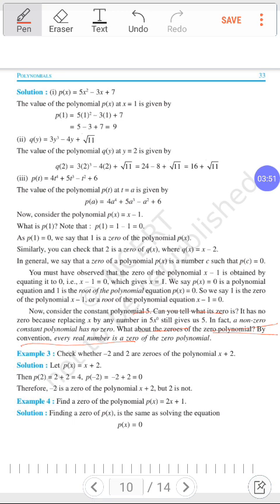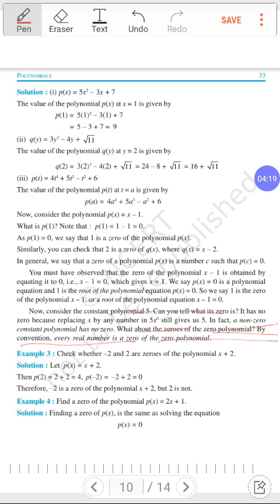What about the zeros of the zero polynomial? I had explained to you last time about the zero polynomial, that 0 is a constant polynomial, but it has different properties, so it has been written separately as the zero polynomial itself. Why? Because 0 also becomes 0 into x to the power 0, or it can be x to the power 1 also, x to the power 2 also. 0 into anything is 0.